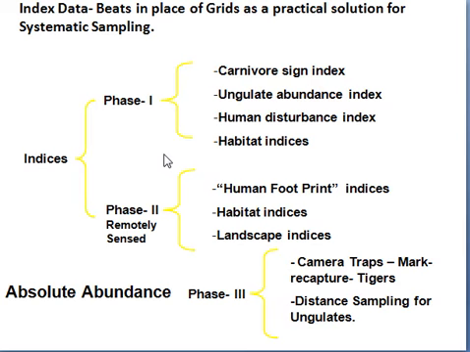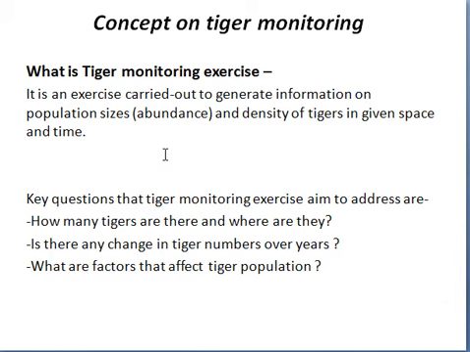Okay, we will move forward now to the next slide. Here is the concept of tiger monitoring. First, we should know what a tiger monitoring exercise is. It is an exercise carried out to generate information on population size, meaning the abundance of the tiger population, and the density of tigers in a given space and time.